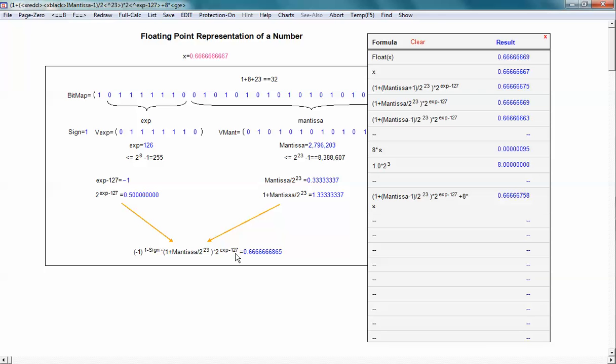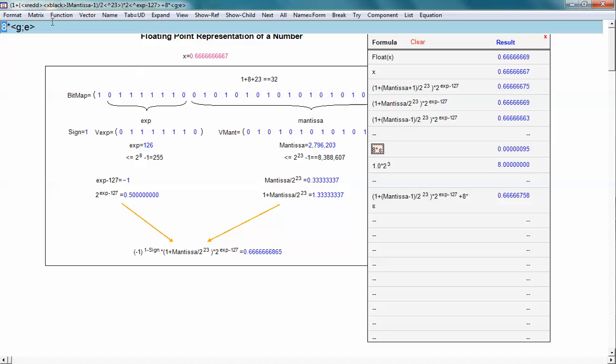So with that kind of an exponent, I can represent numbers between 1/2 and 1, not including 1. And my error now gets cut by 1/2 because the gap between machine numbers is now 1/2 of epsilon.